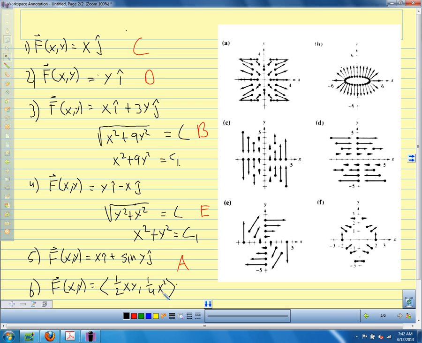I said the y component always has to be greater than or equal to 0. It's never negative. The y component is always positive. They're always pointing up or horizontal.